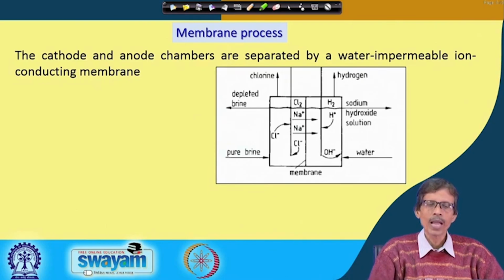hydroxide solution, which is less concentrated, with sodium chloride also along with your sodium hydroxide, because the sodium will pass through this particular membrane and the water is not allowed. So, only sodium ions pass, which is why it is an ion conducting membrane, which is water impermeable.